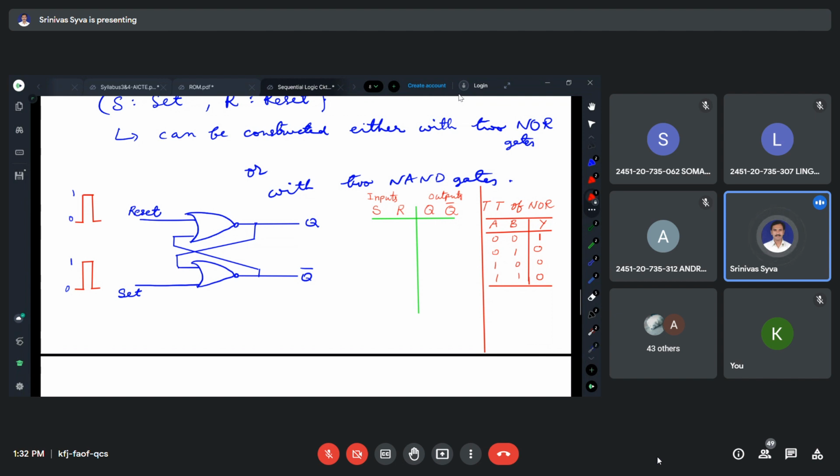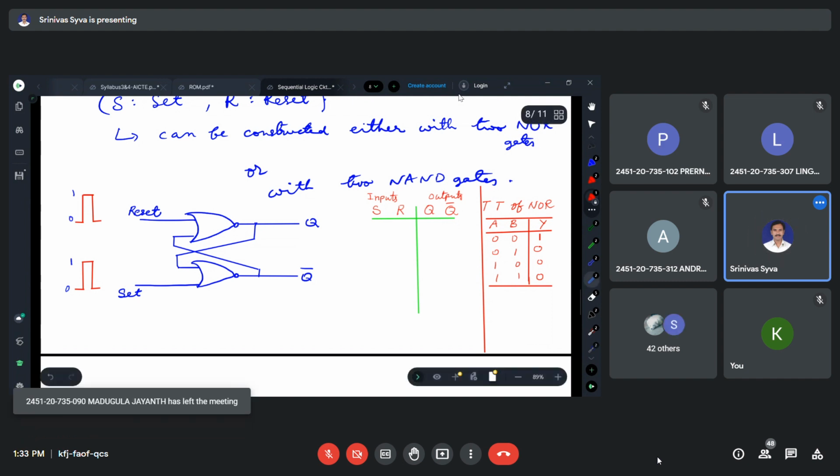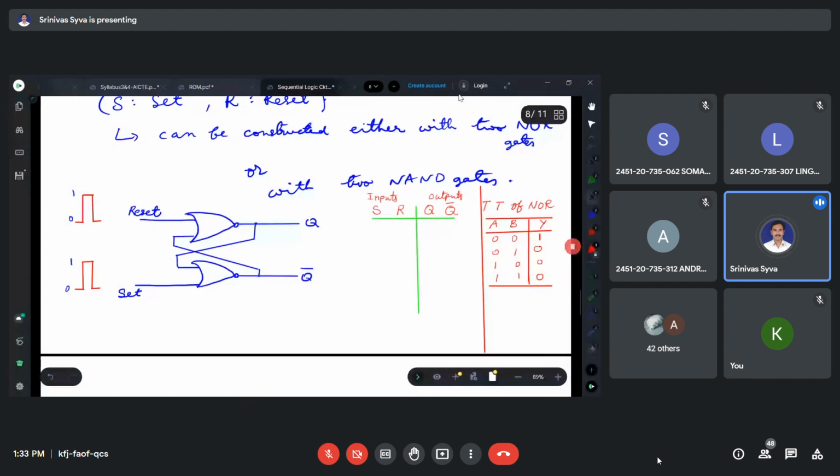Okay, first, for example, here we have to assume for this operation. First, you have to assume whether this Q is at 0 or 1. So in the beginning, you assume that Q is at some point, let us say 1, and so automatically this will be 0. Okay. We should know what the present state is. So I am assuming that Q is 1 at the beginning and Q bar is 0.